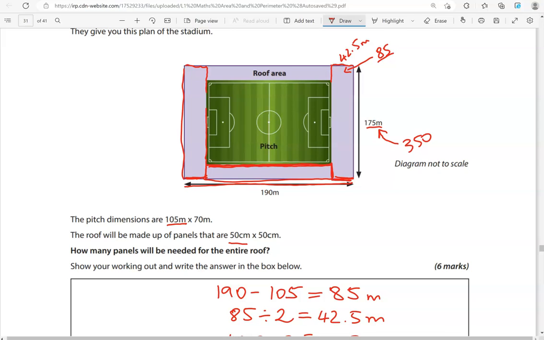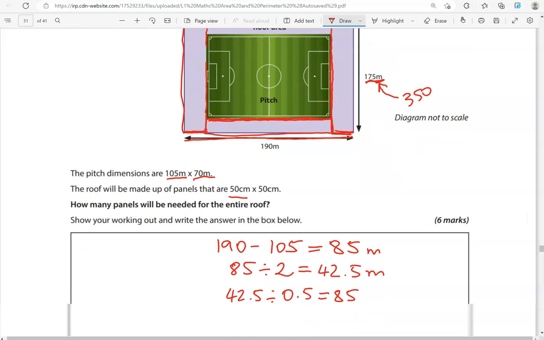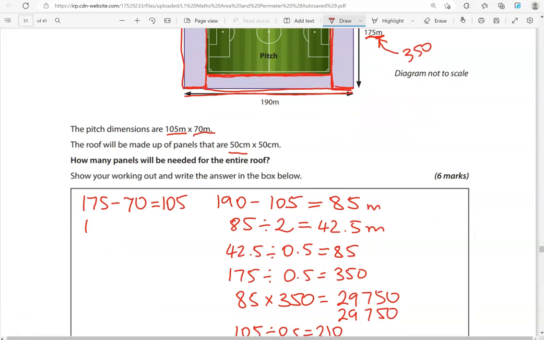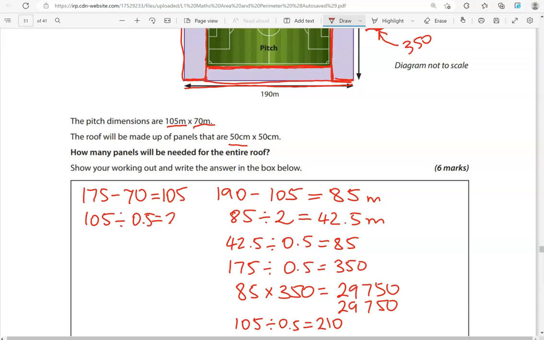How long is this? So what we'll do is 175, take away 70 meters, it gives us 105. So 105 divided by 0.5 gives us 210.